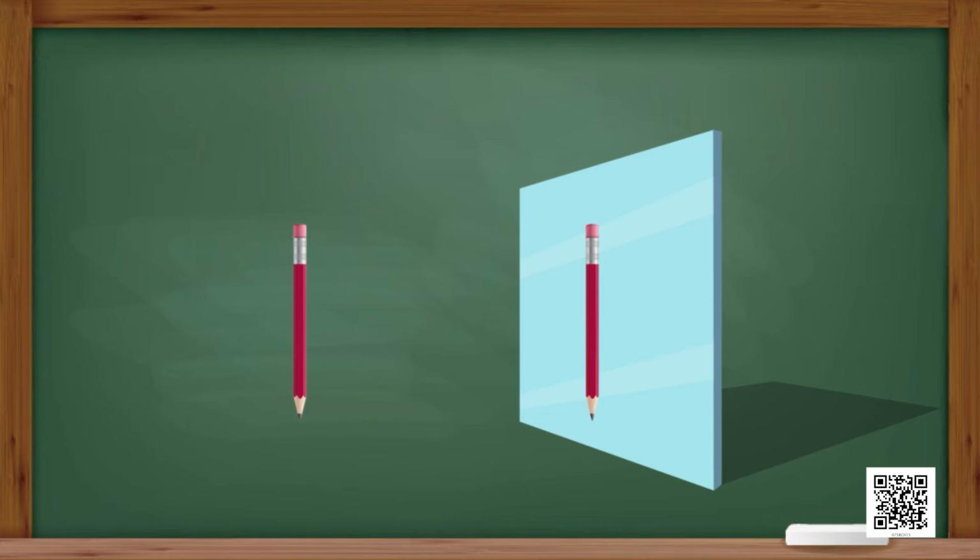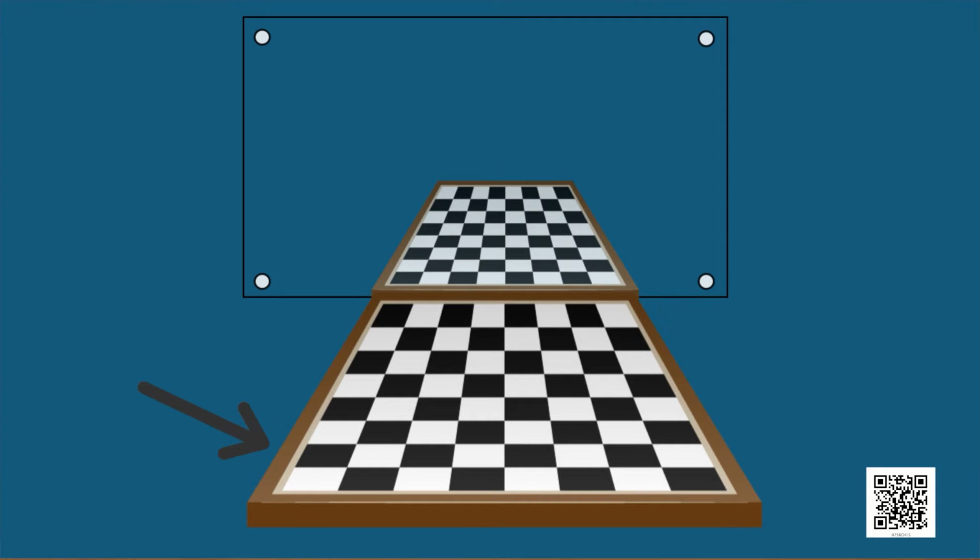To find this, let us perform an activity. Take a chessboard. Now fix a plane mirror vertically in the middle of it. Now place a king piece at any position on the board and observe the position of the image in the mirror.